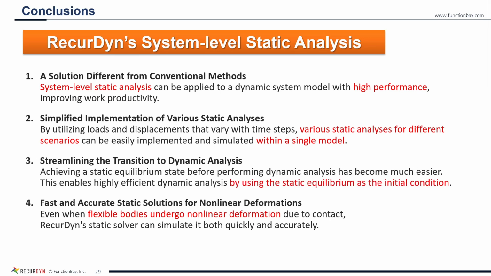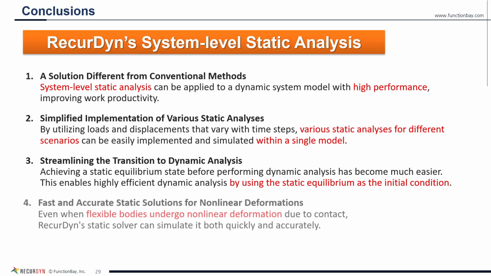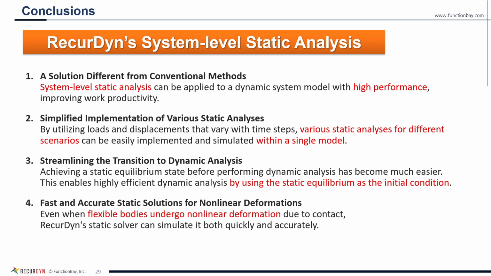Transitioning to dynamic analysis is simplified by achieving static equilibrium state as an initial condition. Moreover, even nonlinear deformations caused by contact can be solved quickly and accurately with RecurDyn. With these capabilities, RecurDyn's system-level static analysis opens numerous possibilities. We hope it will be widely used in the field, providing greater support for CA tasks.